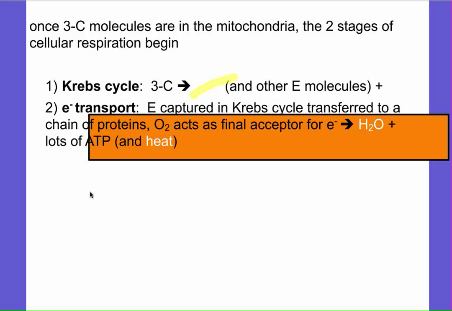So the best analogy that I can think of for this, right, I'm going to take energy molecules from my Krebs cycle. I'm going to drop off electrons into electron transport, but something has to be at the end of that electron transport to catch electrons. If there isn't oxygen there to do that, that electron transport grinds to a halt. There's a big traffic jam.